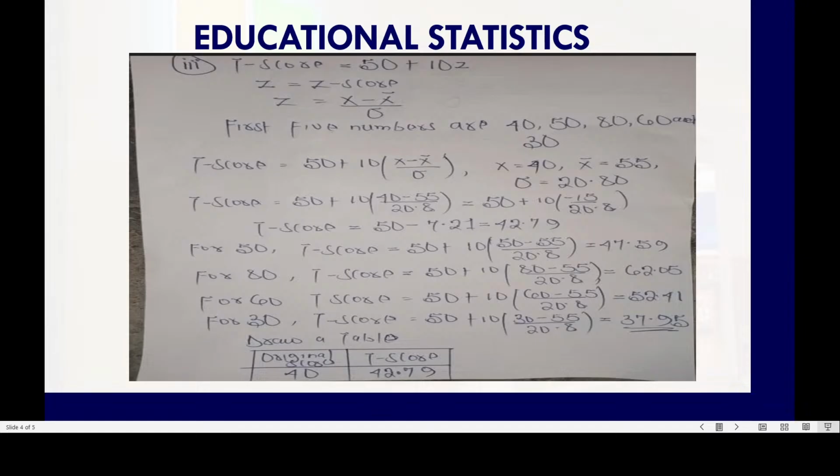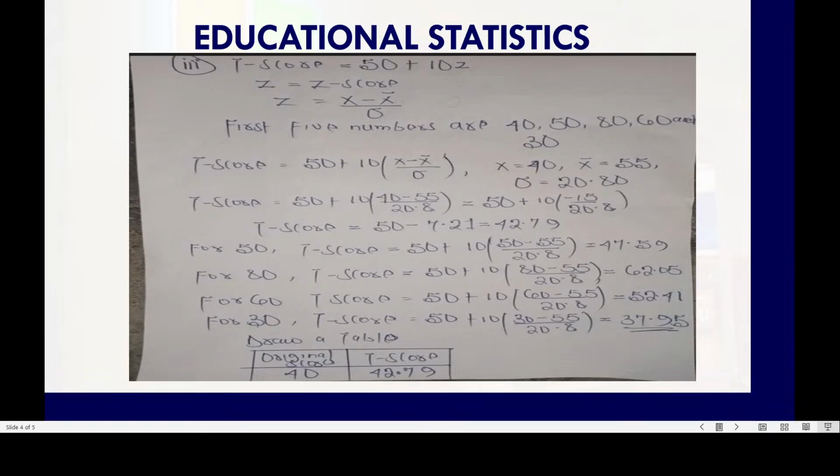So I also go for the next score, which is 50. What is my t-score? Remember, we have an established formula already: 50 plus 10 into x minus x bar over standard deviation. So I will use that formula all through the process for each score. So for 50, I'm having 50 plus 10 into the score, now 50 this time. My x bar is 55, divided by 20.8.